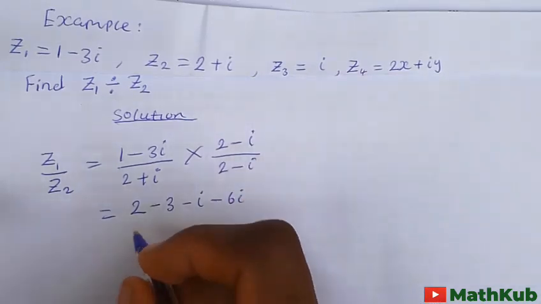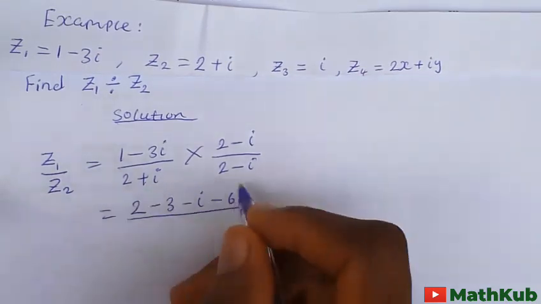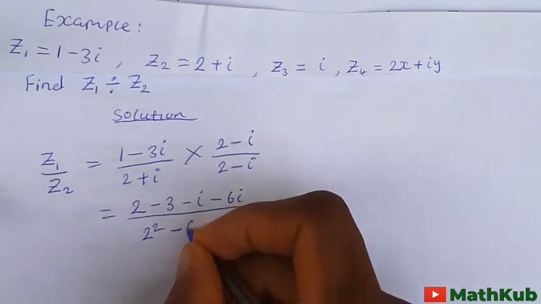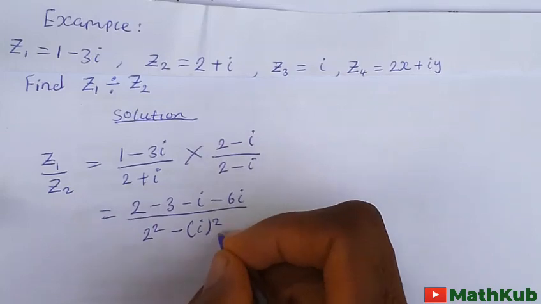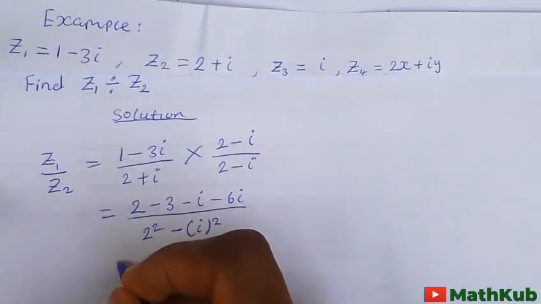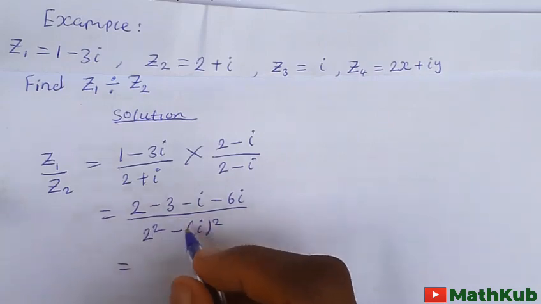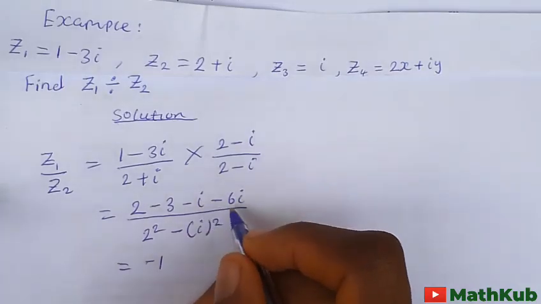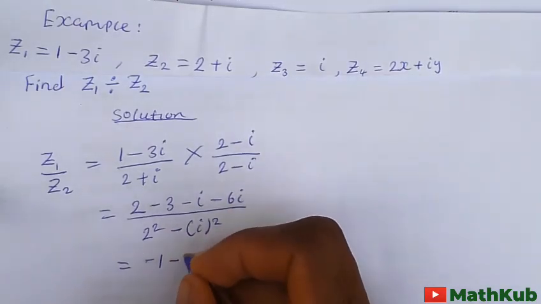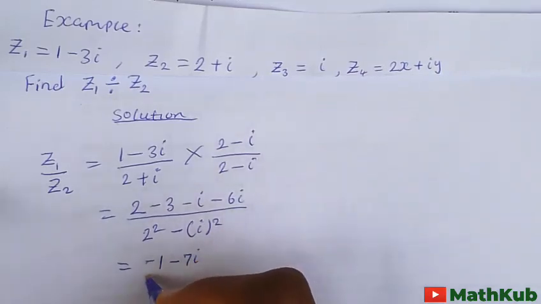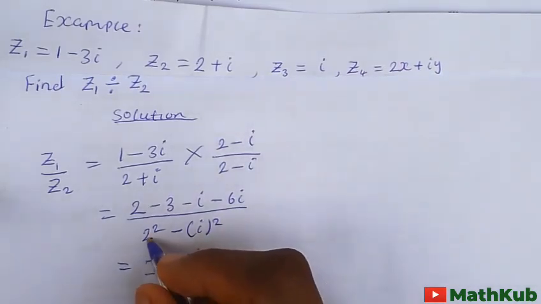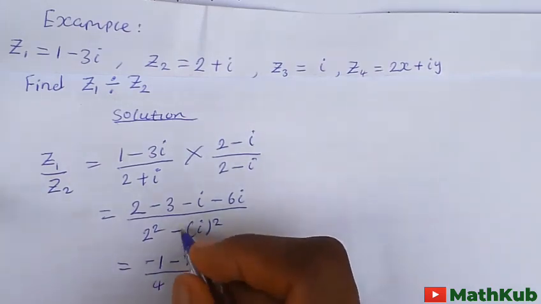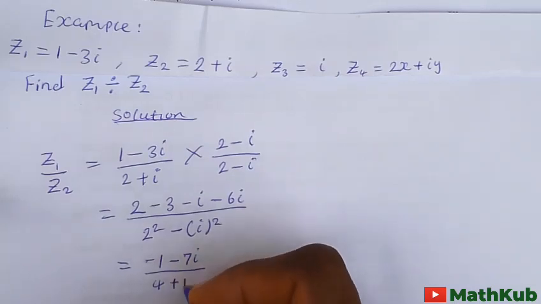You have minus 6i divided by the conjugate of this, which we have 2 squared minus into i squared. This will be equal to 2 minus 3 is minus 1, minus i minus 6i is minus 7i, divided by 2 squared is 4, then i squared is minus 1 times minus, which we have plus 1.